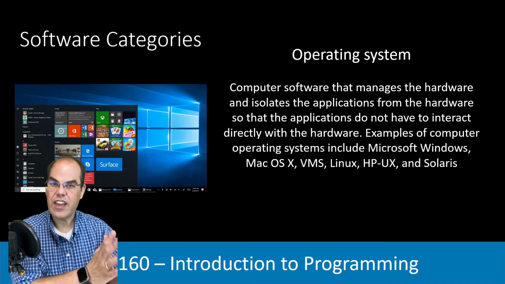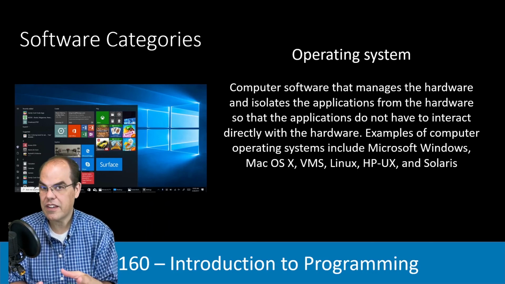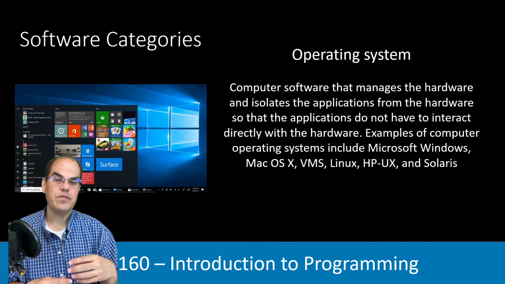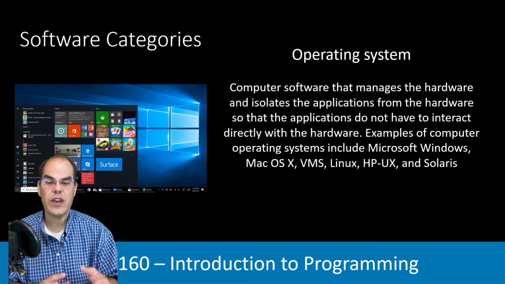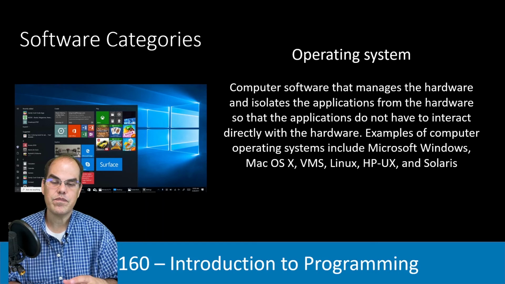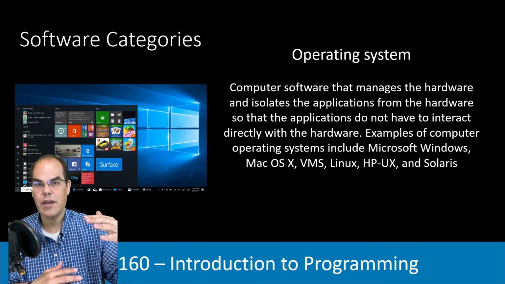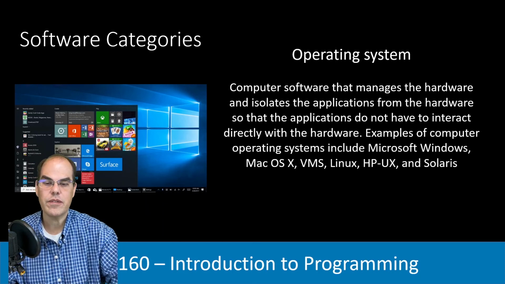So the application doesn't have to know anything about the BIOS. It just talks to the operating system, and then the operating system takes care of that. It's the base software on the computer that sits on top of the BIOS, but underneath the applications you're running.